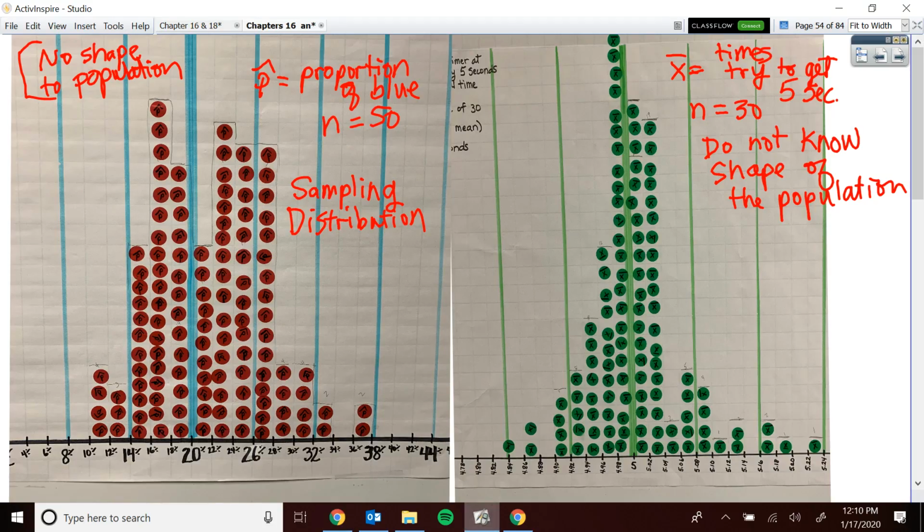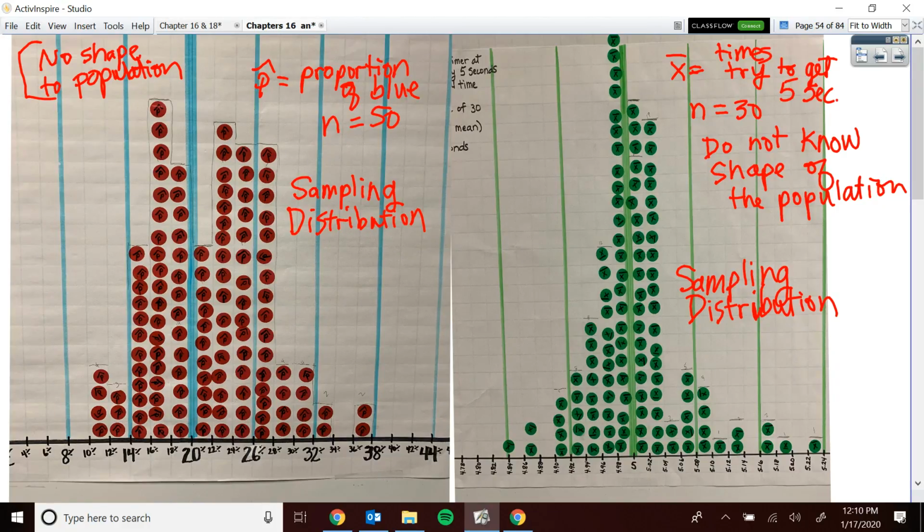All right. Since we do not know the shape of the population, or we can't compute with it, look at what we did. What is this green thing called? Well, it's unimodal and symmetric, but it is called a sampling distribution, because it is a distribution of sample means.